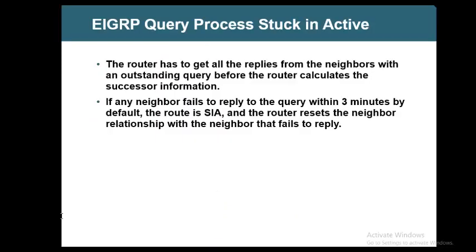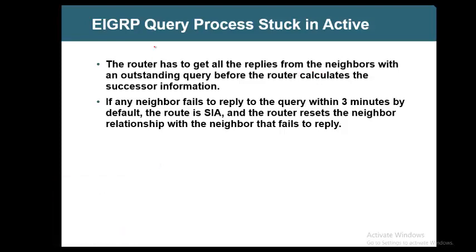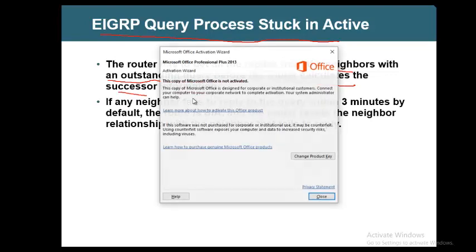When you enable this, you need not get stuck in active. Stuck in active will spoil the network. EIGRP query process stuck in active: the router has to get all the replies from the neighbors with an outstanding query before the route calculation of the successor information.